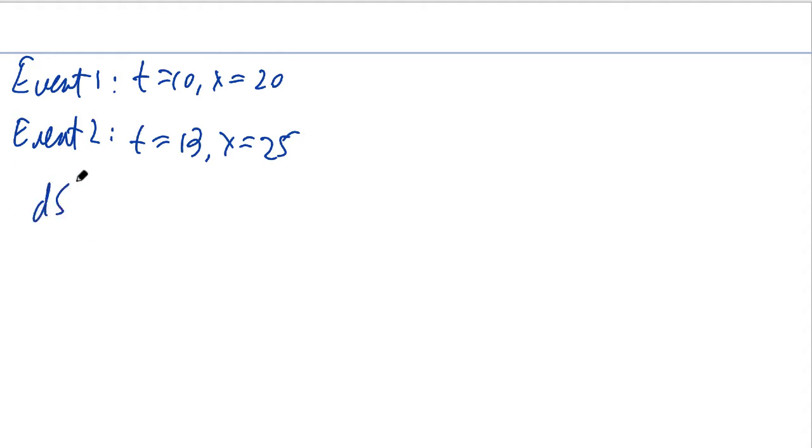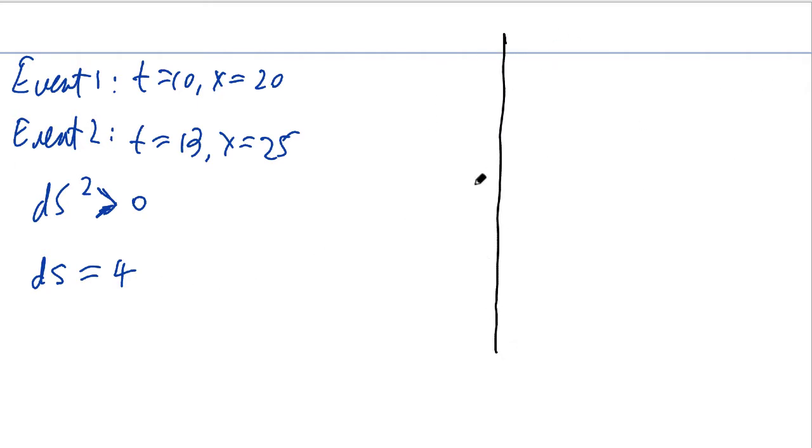We determined before that ds squared is positive for these two events, so they're spacelike separated, and the separation is 4, meaning for any observer that sees these events as simultaneous, they'll measure the distance between these events as being 4 meters. So on a space-time diagram, these events look something like here and here.